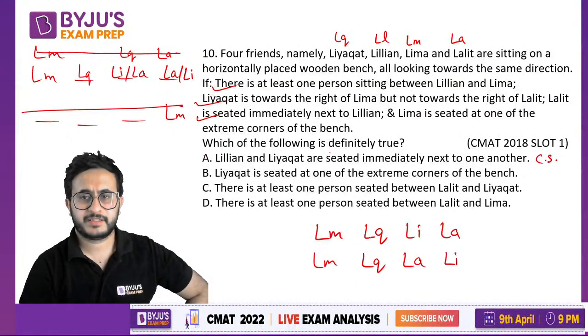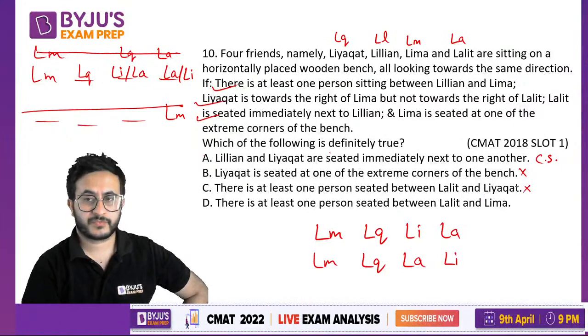So Lillian and Liaquat being immediate neighbors is not necessarily true. Liaquat is seated at extreme end, so that is false. There is at least one person between Lalit and Liaquat, not necessarily true. We can't say.